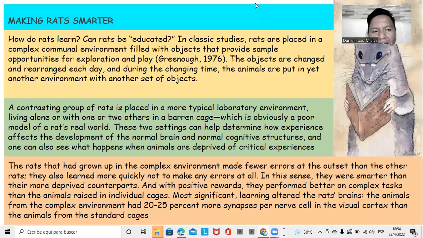And we can see that the rats living in their natural environment were more intelligent than the rats that were caged in boxes. Why?